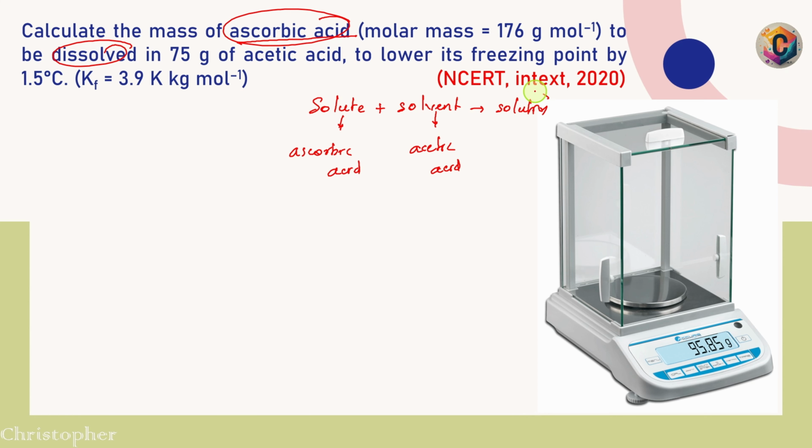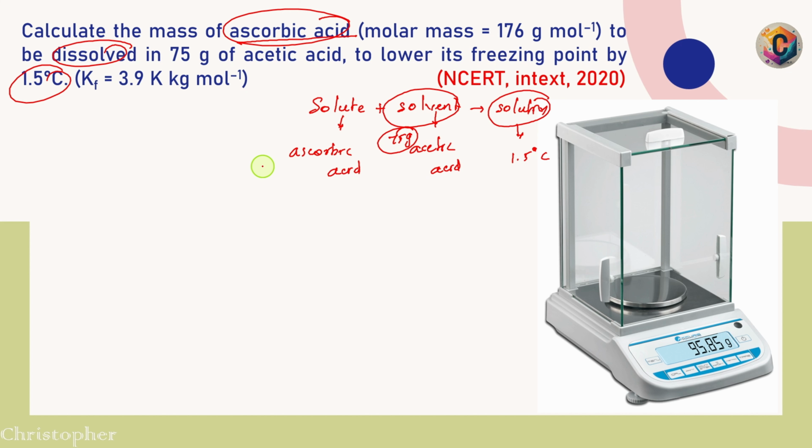Listen. When you prepare the solution, one of our colligative properties is that the solution's freezing point is lower than the solvent freezing point. You want to lower the solution freezing point by 1.5 degrees Celsius. The quantity of acetic acid taken is 75 grams.